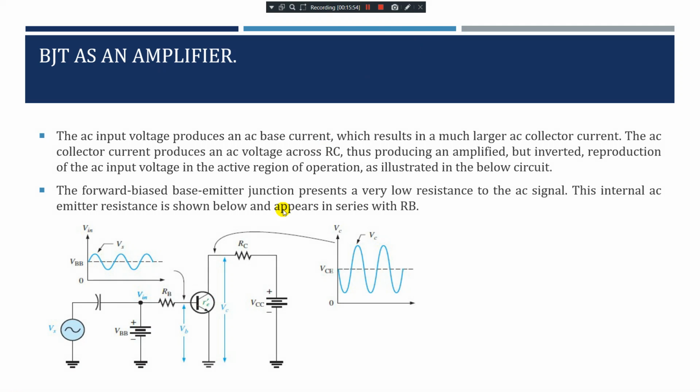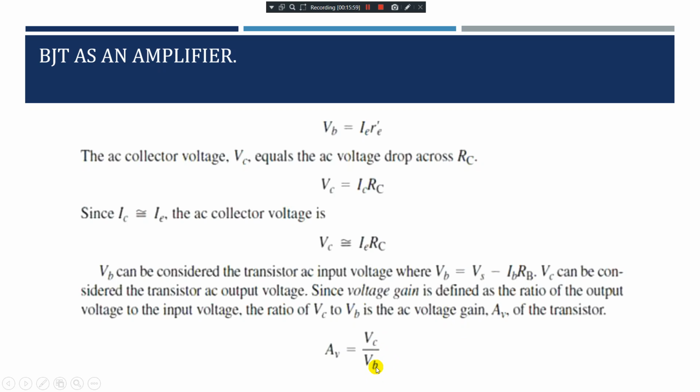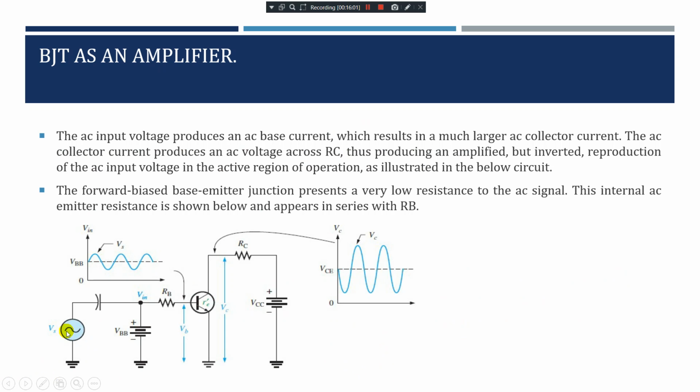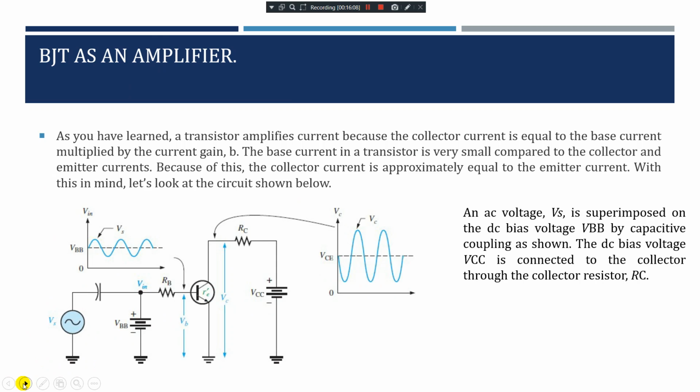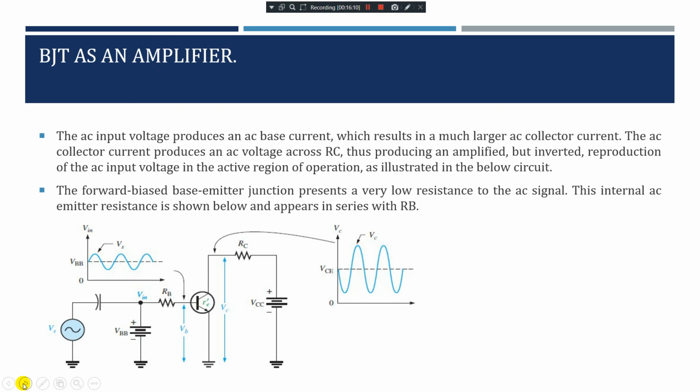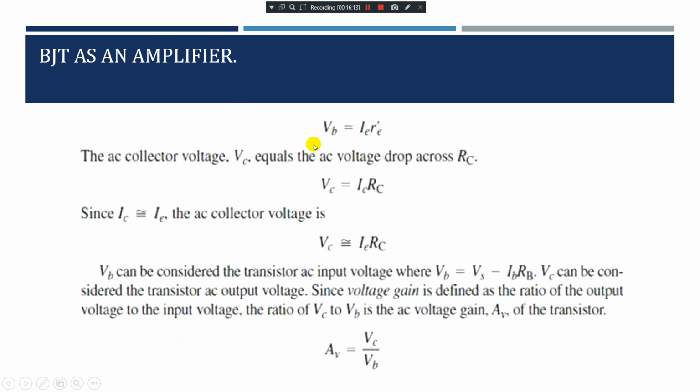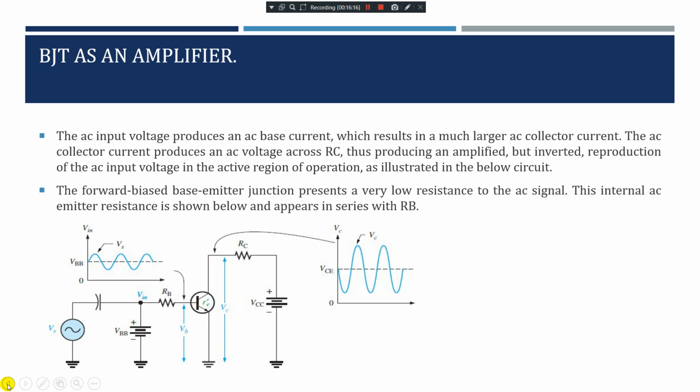Okay. Now VC by VB, or we call it Vs. The reason is, as you can see here, VBB. The input voltage is Vs, but when it comes to here, that is Vin. Vin is nothing but the voltage of your base, that is VB. So you can take VB as Vs minus VBB.